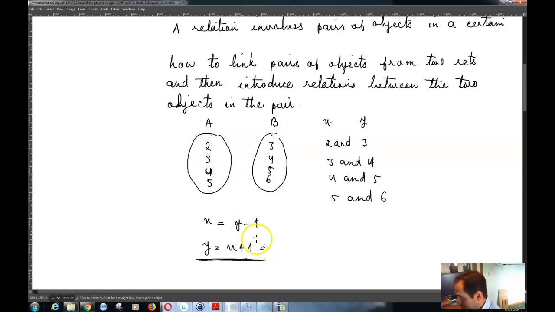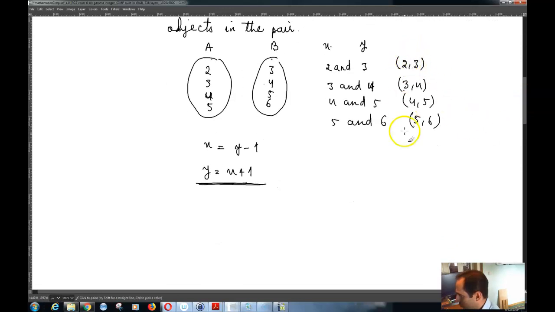So that's basically the relation that you can find between the two objects in the pair. And then for example, you can use some sort of specific notation. In this case, you can call this 2, 3 using this notation, 3, 4 using this notation, 4, 5 using this notation, 5, 6 using the same notation. And then we could also put all of these in a set and give it some name.